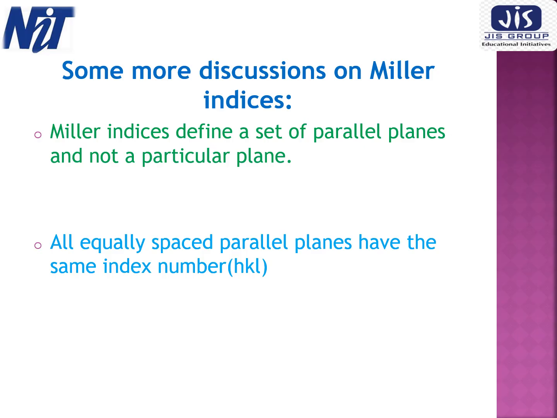All equally spaced parallel planes have the same index number, that is Miller indices HKL. When the intercept of a plane on any axis is negative, a bar is put on the corresponding Miller index. If the intercept is negative, we have to put a bar; we cannot write minus. If a plane passes through the origin, it is defined in terms of a parallel plane having non-zero intercept, because it is passing through the origin.